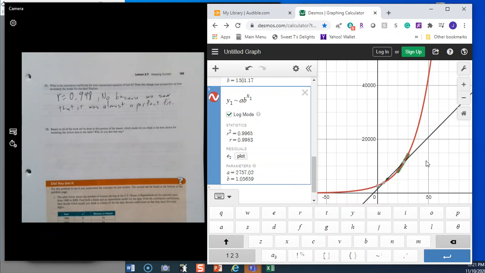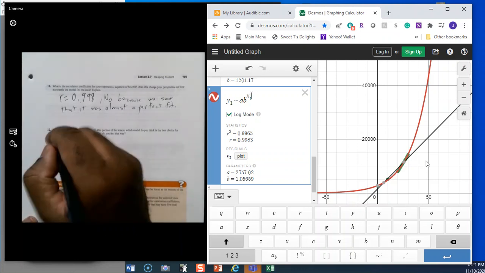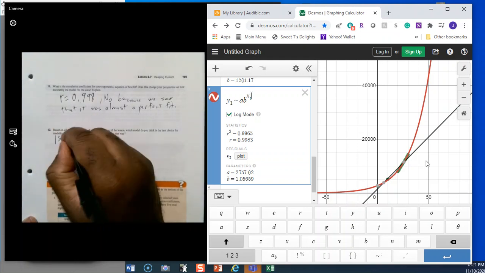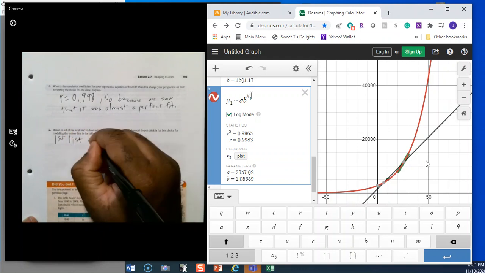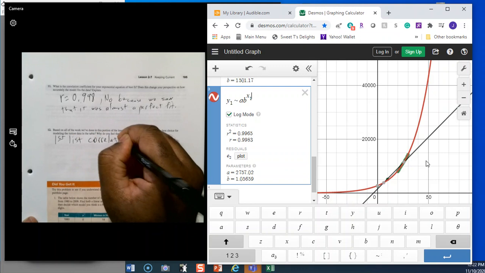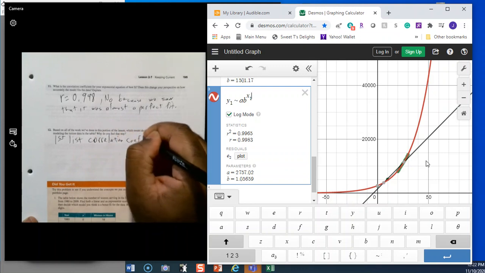Now we go here to problem 12. It says, based on all of the work we've done in this portion of the lesson, which model do you think is the best choice for modeling the tuition data in the table? Why do you feel this way? Okay, first of all, I would list correlation coefficients.